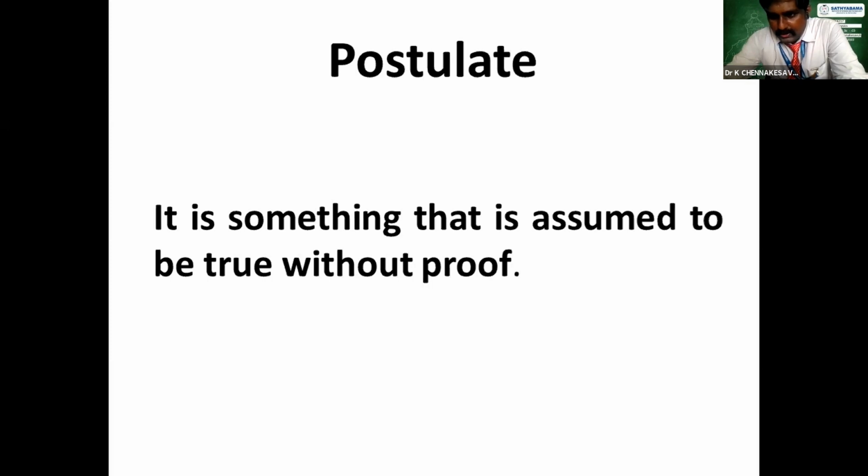Here we are having 5 quantum postulates. Okay, we know now what is the theorem, what is hypothesis, and what is postulate. Postulate is one where we are assuming something without any proof, and it is true.